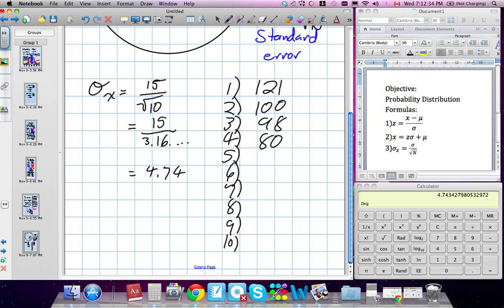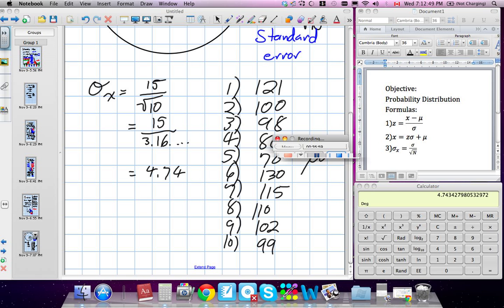Okay, so what they're saying here is his standard error. Because he's only interviewing 10 people, say he wanted to find the mean from those 10 people. Well, he interviews and he finds different IQs, maybe 121, 98.